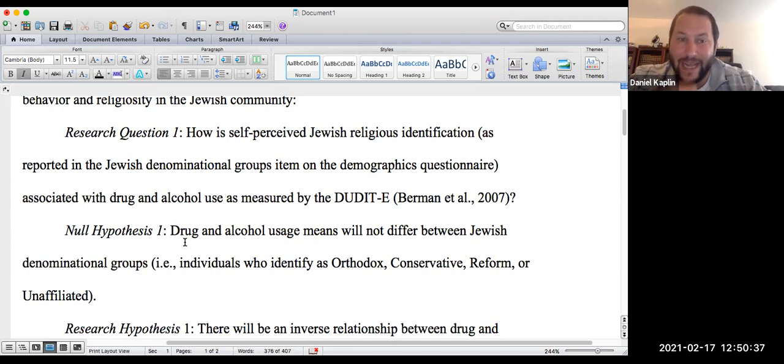Well, they're going to identify on a question as Orthodox, conservative, reform, unaffiliated. There are choices in a demographics questionnaire. So I also tell you how I'm going to measure drug and alcohol use, and I mention that I'm tapping into it using the Dudit E. And in the study, it was a modified version that included alcohol as well.